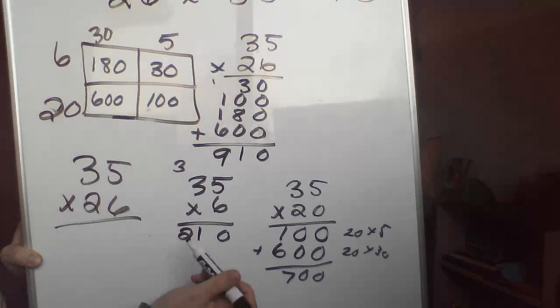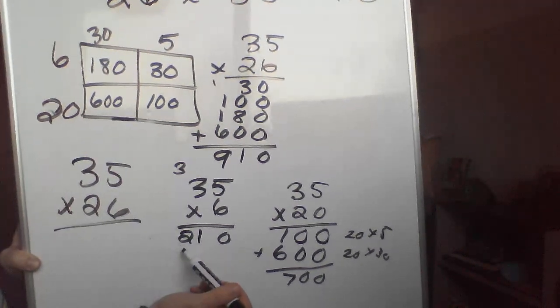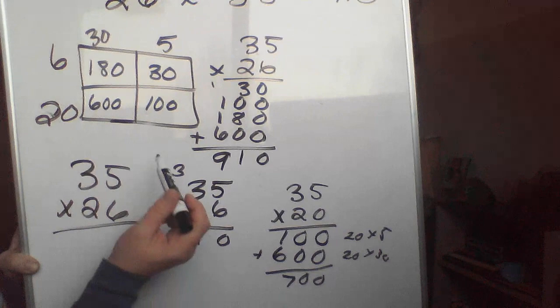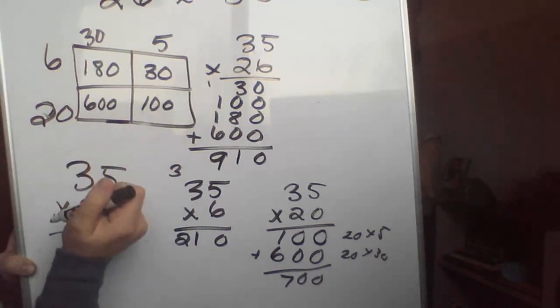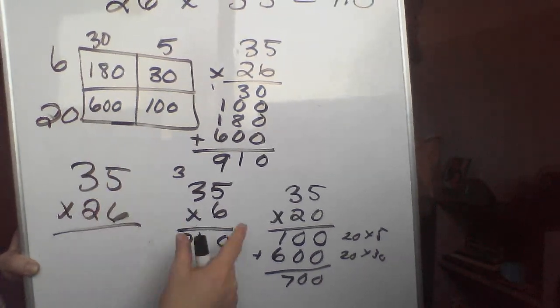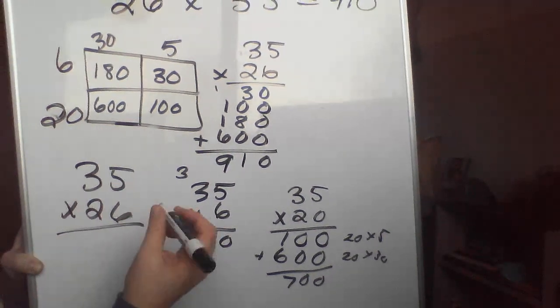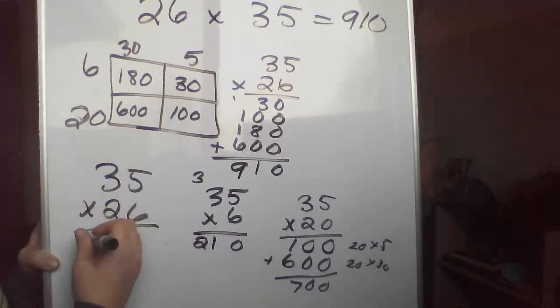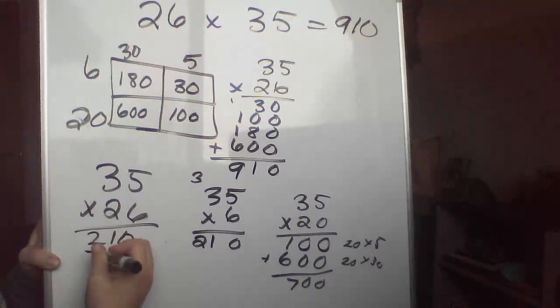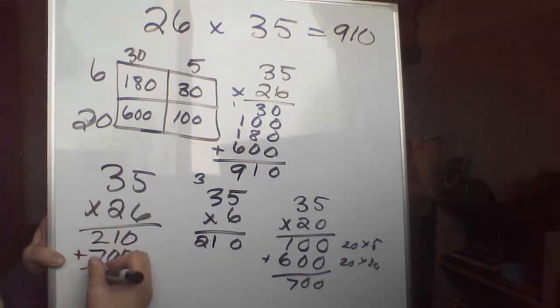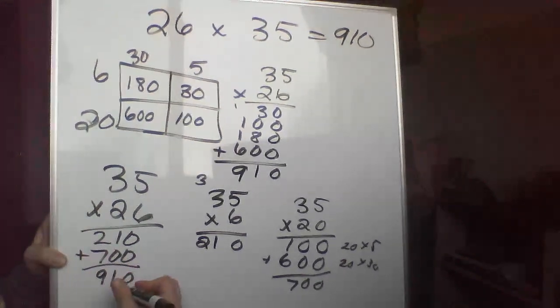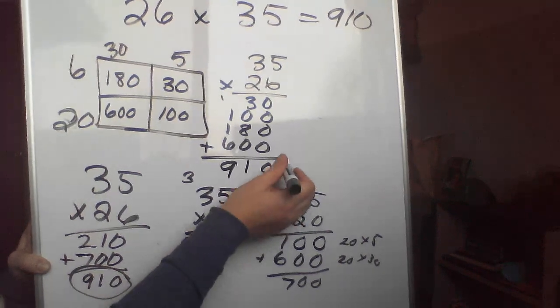I have 210. And if I add 180 and 30, that gives me 210. So we're doing it very similar when we add these two together. 210, 700. That's going to give me the same product of 910.